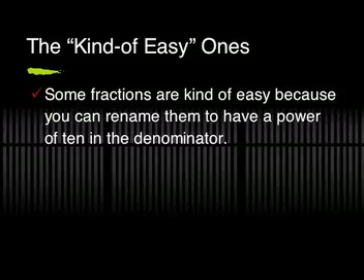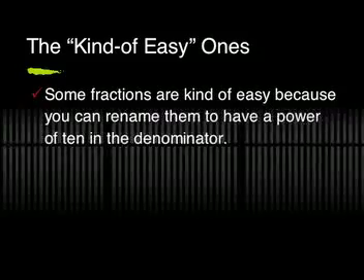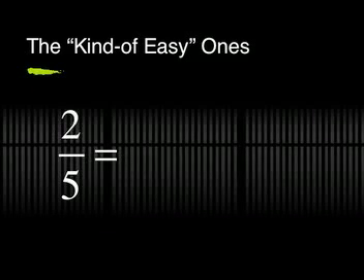Then there are some kind of easy ones. Some fractions are kind of easy because you can rename them to have a power of 10 in the denominator. You may want to memorize this list: 2, 4, 5, 10, 20, 25, 50. Those are what I call the friendly denominators because they're really easy to quickly rename so that you have a power of 10 in the denominator, and then it's really easy to write.